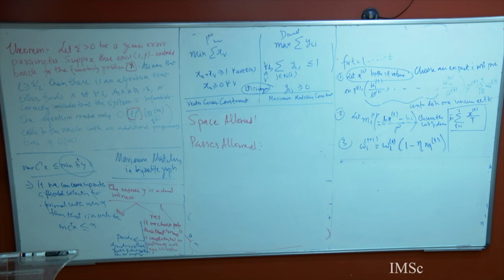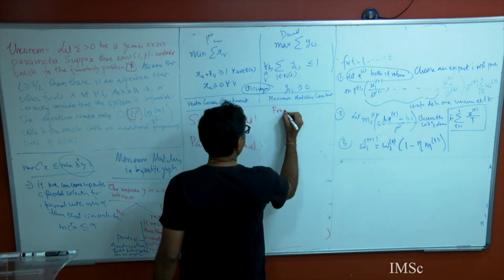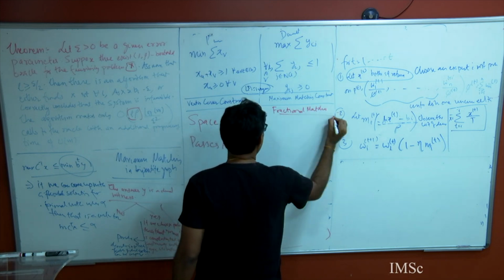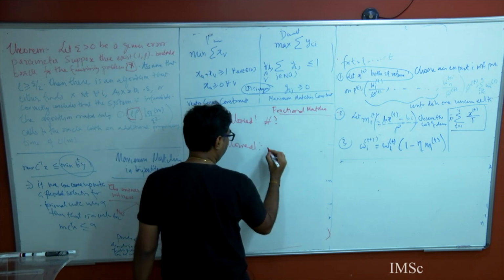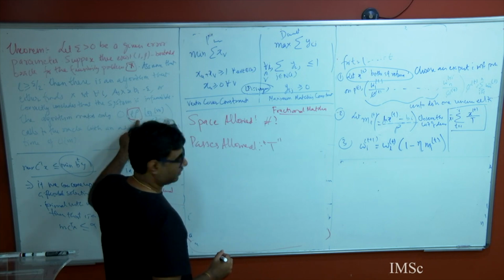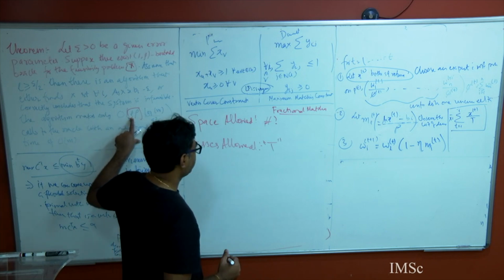Now we are solving just fractional matching, and we will see how much space it takes, and passes correspond to the number of rounds. Now let's look at how many rounds this is going to take us.